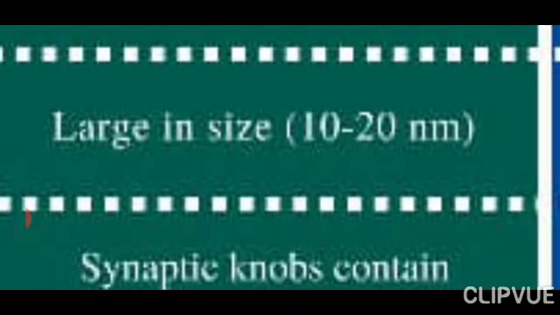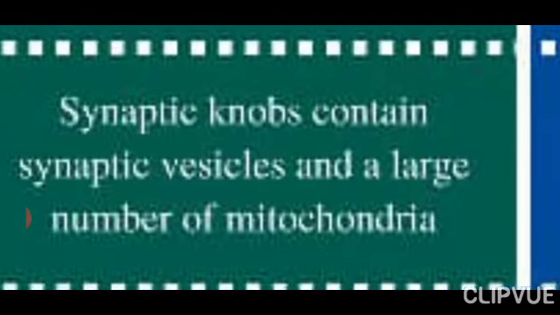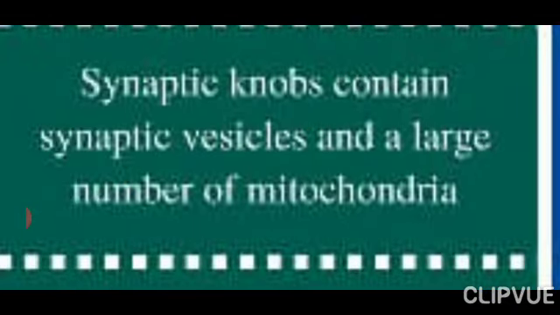All right. Another thing you should note is the size of the synapse. The chemical is larger, about 10 to 20 nanometer, while the electrical is smaller, about 0.2 nanometer. Another thing to take note of is the content of the synaptic knob, or the presynaptic terminal.